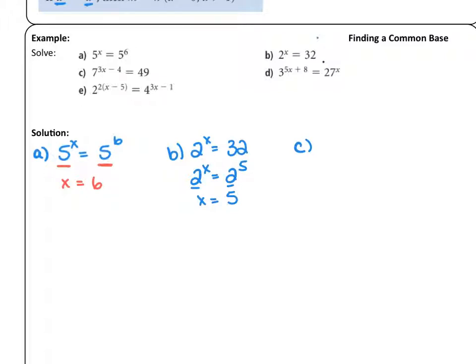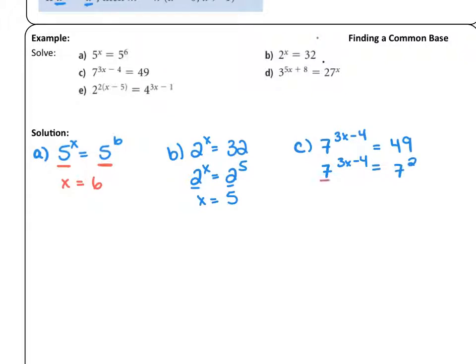C, we have 7 to the 3x minus 4 equals 49. So I start to think, what is 49 if I put it into base 7? 49 is 7 squared. So I'm going to change that 49 to 7 squared.